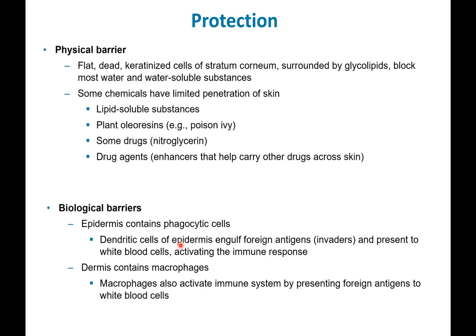These foreign substances are known as antigens, which are ultimately presented to other white blood cells to activate an immune response. The dermis contains another type of phagocytic white blood cell called macrophages that also activate the immune system by presenting foreign antigens to other white blood cells.